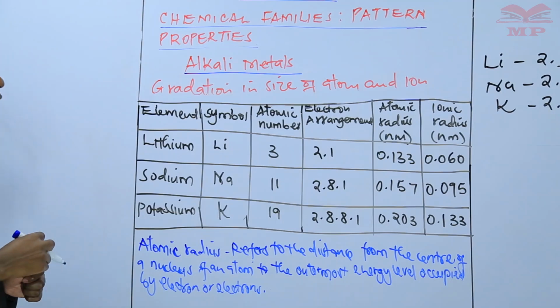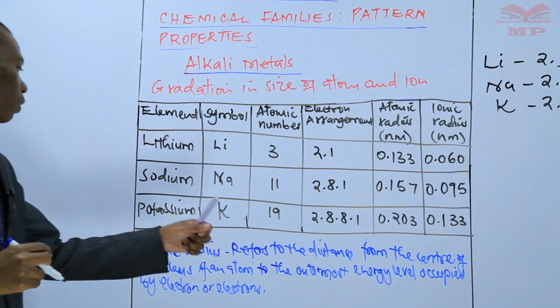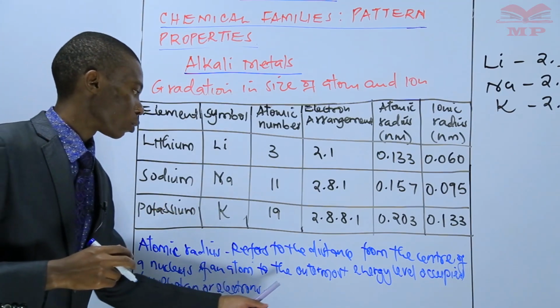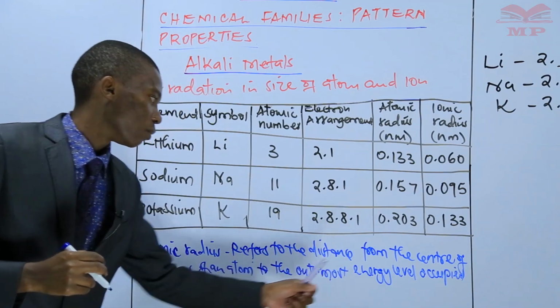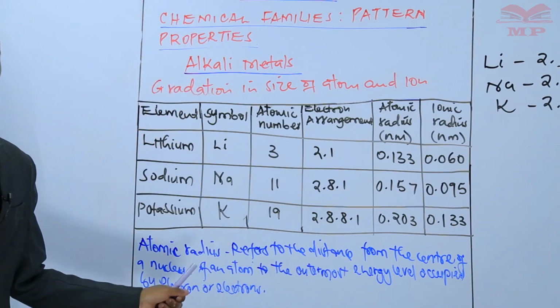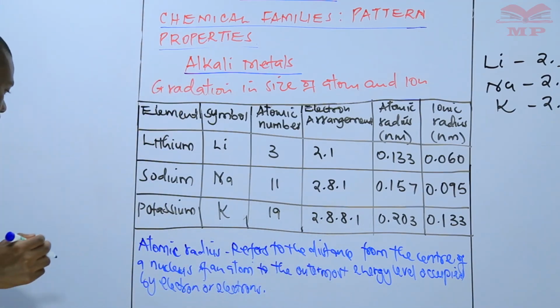Atomic radius refers to the distance from the center of the nucleus of an atom to the outermost energy level occupied by the electron or electrons.